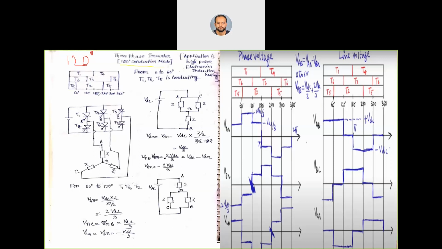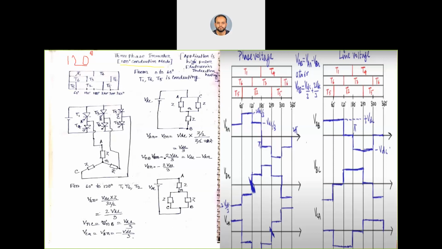That means each thyristor will conduct for 180 degrees, then the next thyristor will conduct. Now T1 and T4 are in series, so one will be in forward bias and one in reverse bias. This is the same with T3 and T6, and this is for T5 and T2.